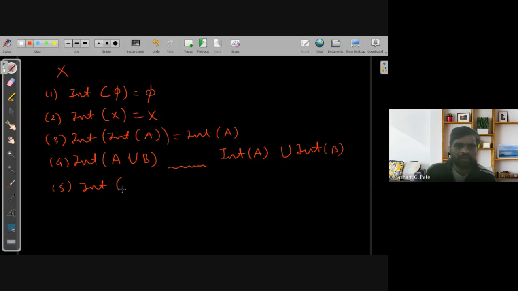Same way, interior of A intersection B. Also here I am making space: interior of A intersection interior of B. Also you can think for this, which sign should be here. Whether equality is there or subset is there or whatever you want.